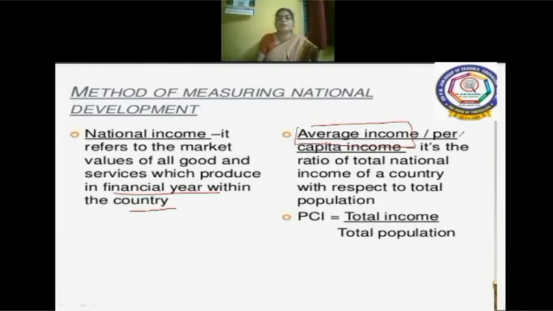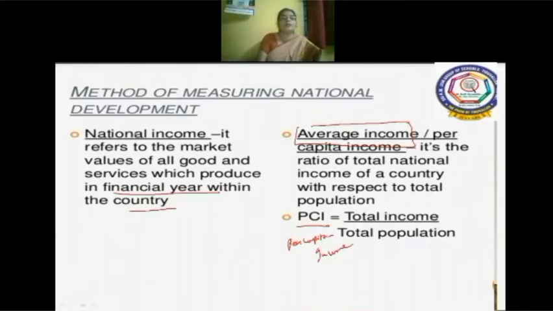It is called per individual income. So when the total income is divided by the total population, we get the per capita income. But this cannot be the actual measuring scale to know the position of a country's development.